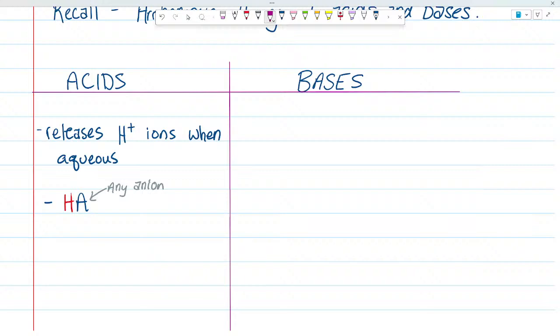Citric acid is a covalent compound, but the acidic hydrogen gets released as an ion, which means that the remaining thing will take the charge of what? If we release an H+, the remaining compound, whether this thing was ionic or covalent to begin with, will have what charge? Negative, that's right.